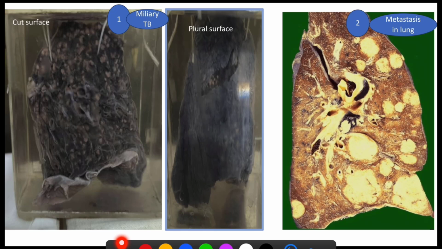This is an example of granulomatous inflammation in the lung, where on the pleural surface you can identify black color, but some tiny millet shaped caseating nodules are present. This is the cut surface where the whole cut surface is involved by these tiny millet shaped caseating nodules. So this is a specimen of miliary TB, and this is metastasis in the lung.